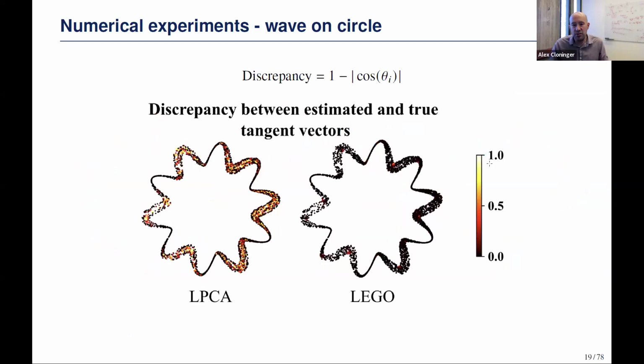And we can do this in a lot of situations. You can look at the discrepancy between the true and estimated tangent vector angle, noisy Laplacian PCA or local PCA. You see that it gets noisy exactly where you have high noise. With Lego, you pretty much nail it at 0, except for a couple of weird extremal points.